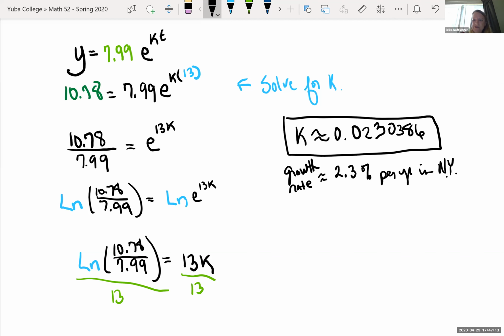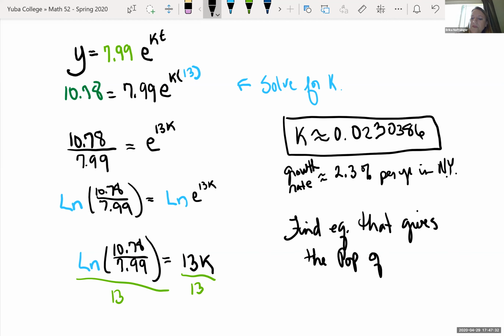I would probably ask you what the equation was. So find the equation that gives you the population after t years. Okay, so we pretty much have it.